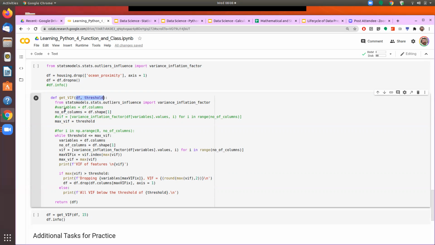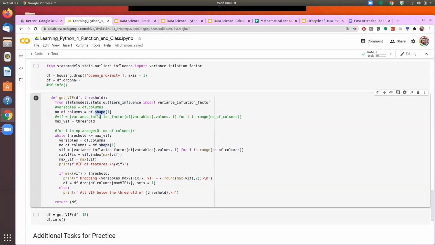What do we do? Then from the statsmodels library, we import the outlier influence, and from there we get the variance inflation factor, which is the VIF. So we import the VIF class from this library, and then we are finding the number of columns.